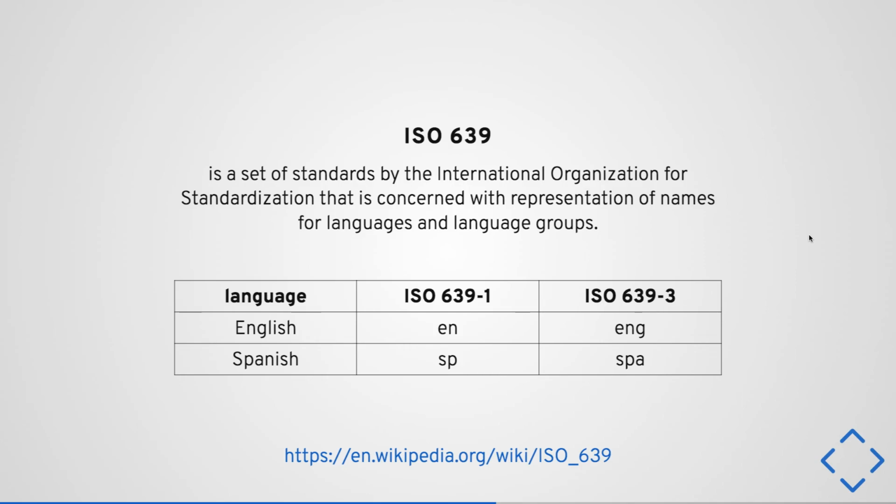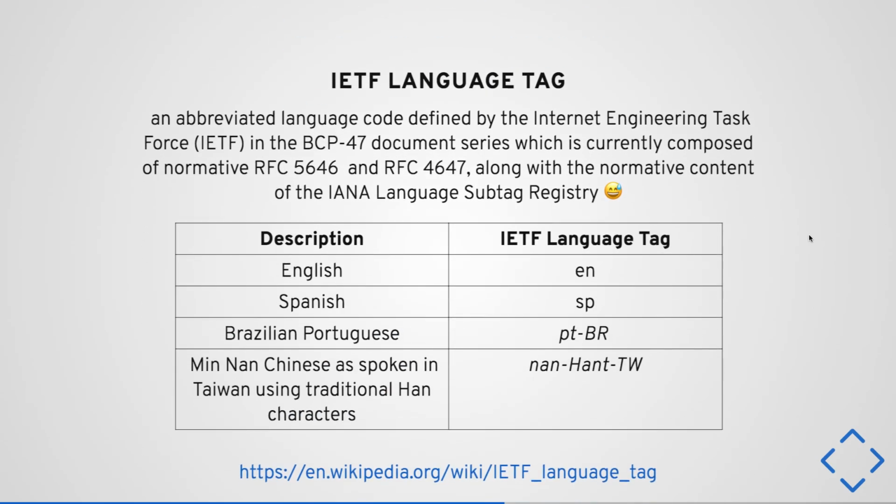A lot of our infrastructure here relies on this one, which can be problematic for us as web developers because that's not what we deal with. We deal with something called IETF language tags, right? A language tag in this manner could be EN or ES, but it could be more, like this is how you speak Portuguese as spoken in Brazil, or Minnan Chinese as spoken in Taiwan using traditional Han characters.